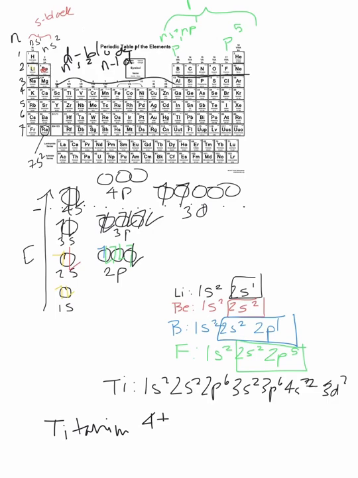And of all the sublevels in the n level 3, 3d is going to be the highest in energy and therefore the easiest to pull away.